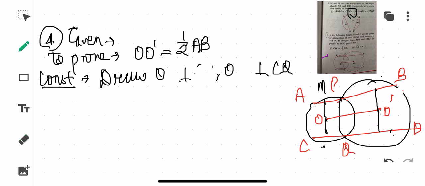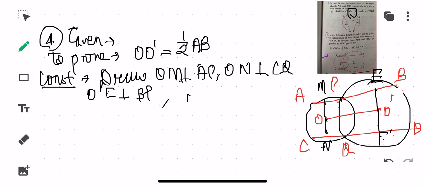So if this is M, you can take this as N, we can take this as E, we can take this as F. So draw OM perpendicular to AP, draw ON perpendicular to CQ, then you will be writing O dash E perpendicular to BP, and O dash F perpendicular to QD or DQ.